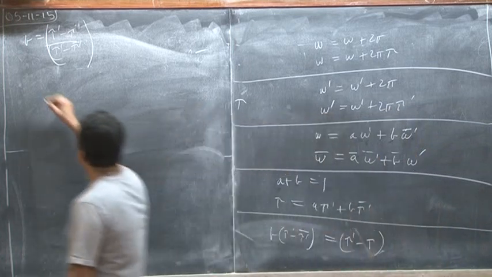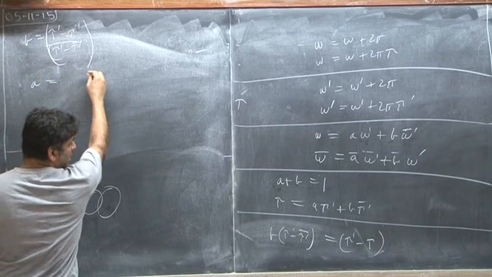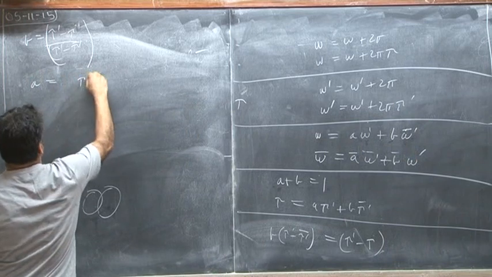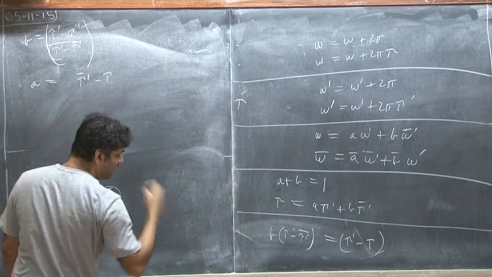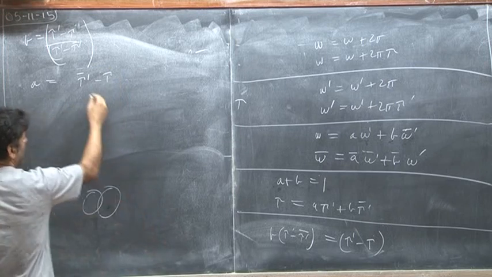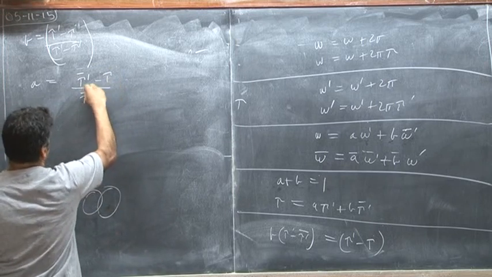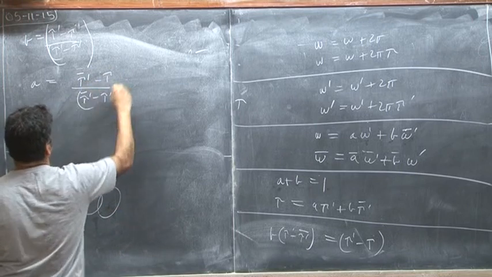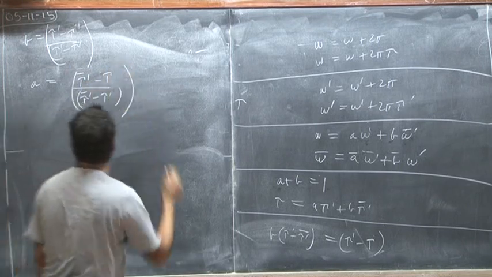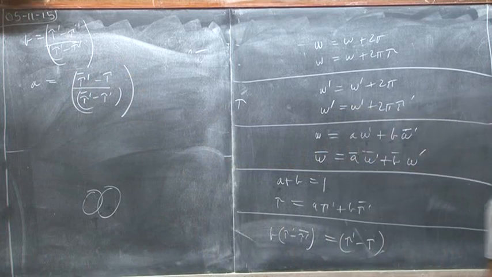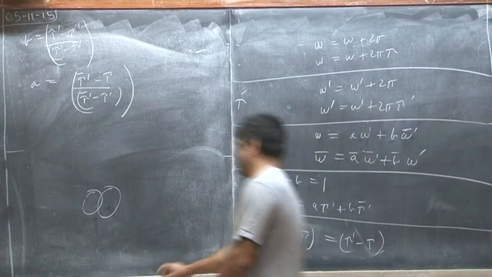I will get a is equal to tau' bar minus tau over tau' bar minus tau'. Did that right? Okay. Excellent.